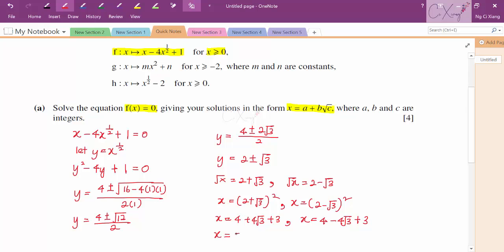Further simplifying, these are the two solutions that I get.